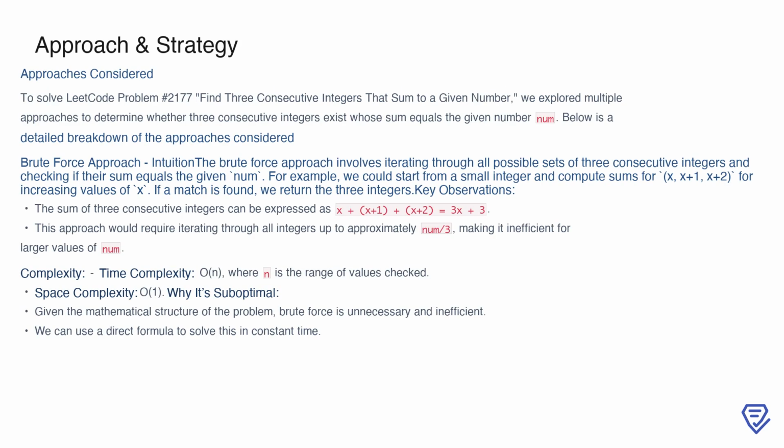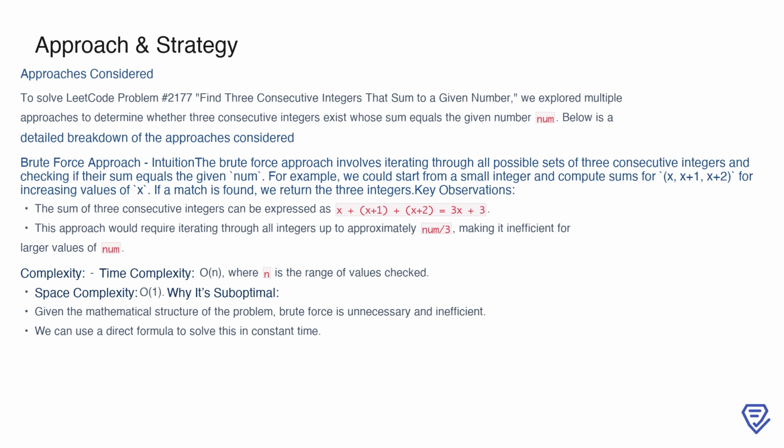To solve the problem of finding 3 consecutive integers that sum to a given number, we considered a few different approaches. The first and most straightforward option is the brute force approach. This involves iterating through possible sets of 3 consecutive integers, calculating their sum, and checking if it equals the target number. For example, we would evaluate sets like x, x plus 1, x plus 2, where x starts from a small integer and increases.